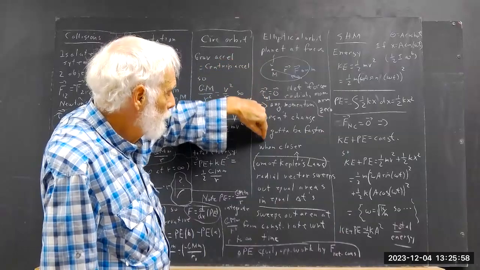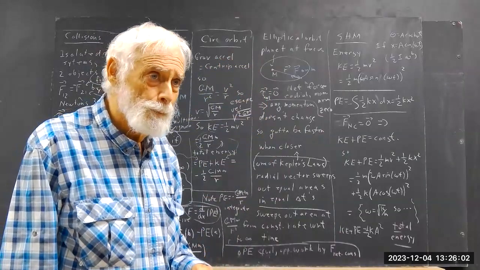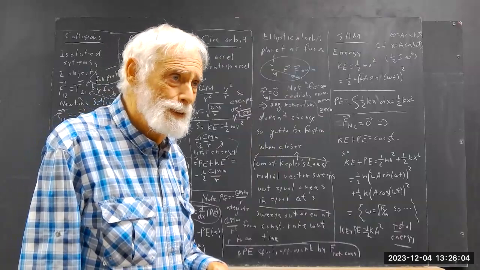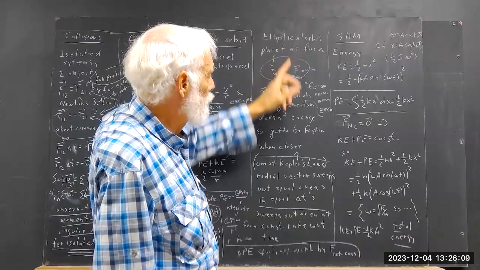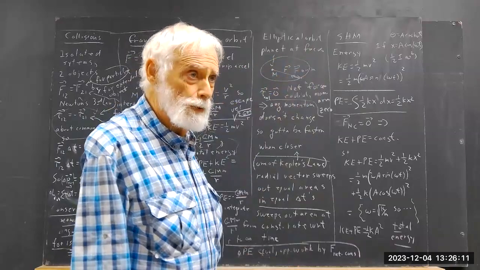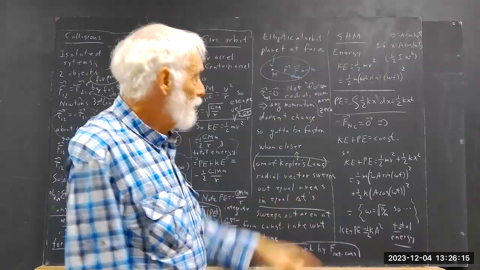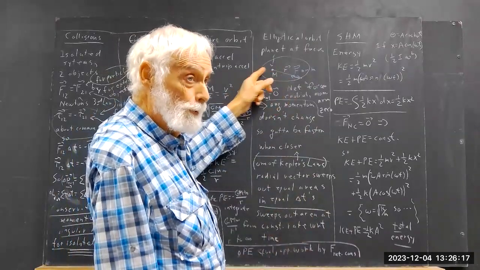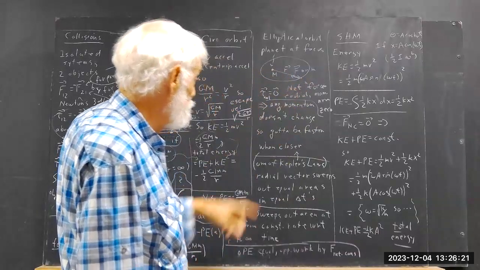Anyhow, angular momentum doesn't change. Angular momentum is the product of how far you are with the component of your velocity perpendicular to that distance. It's your omega. If you're closer, your omega has to be a lot bigger to have the same product with your distance. That's all there is to it.